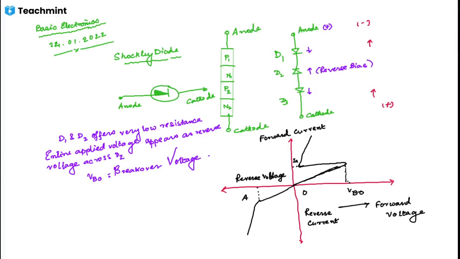So what I told, when the Shockley diode is reverse biased, that is anode is negative with respect to cathode, diodes D1 and D3 will be reverse biased, whereas diode D2 will be forward biased. If reverse voltage is increased sufficiently, the reverse voltage breakdown point of the Shockley diode, that is A, is reached.